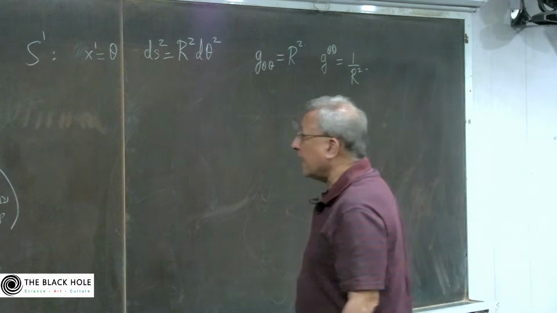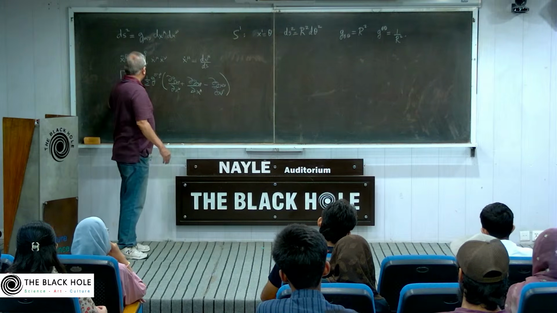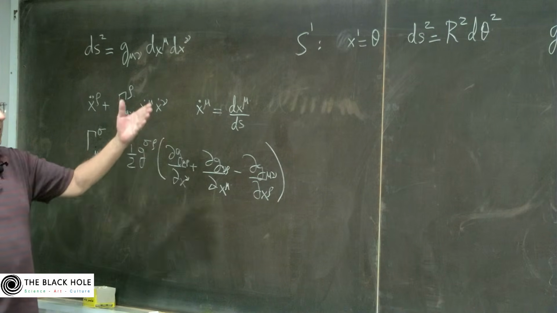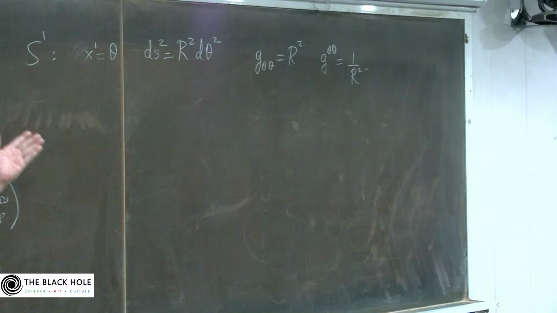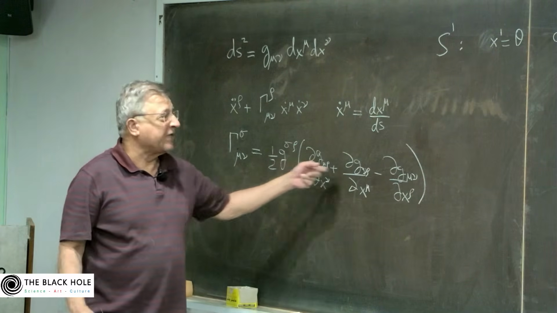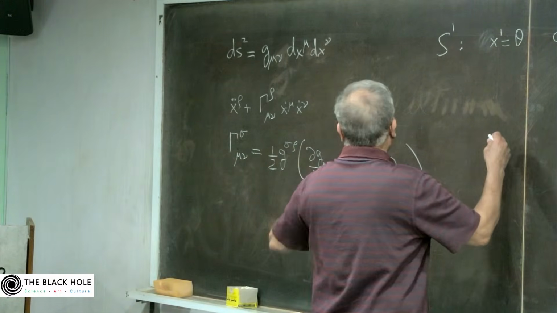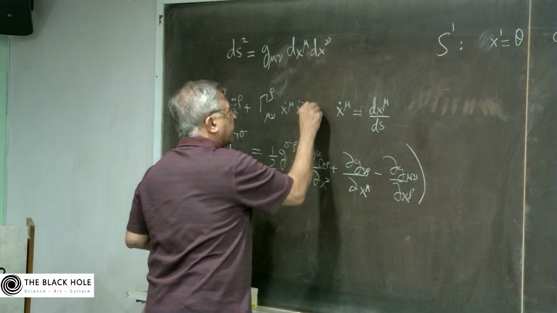So let's see what the Christoffel symbol is. Well, g theta theta is the only metric component, and it doesn't depend upon theta. So all of these are 0, which means that this is equal to 0.